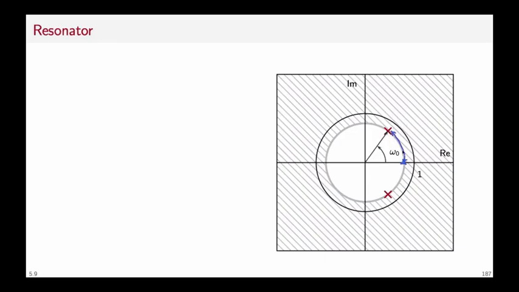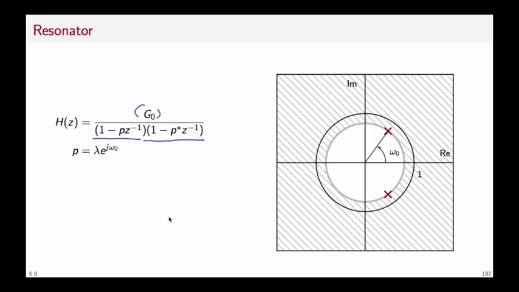Since we want a real filter, we also have to create a complex conjugate pole at an angle that is minus omega 0. The transfer function of this system is simply H of z equal to some gain factor that we will determine later, divided by 2 first-order terms that correspond to the 2 poles in the complex plane.